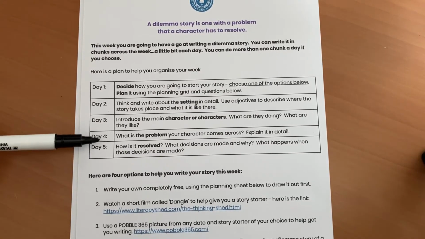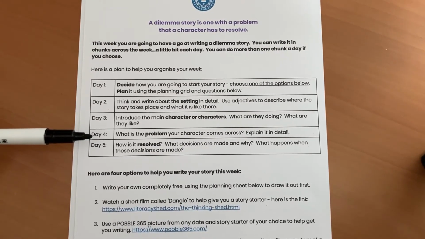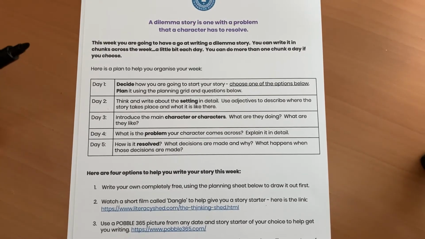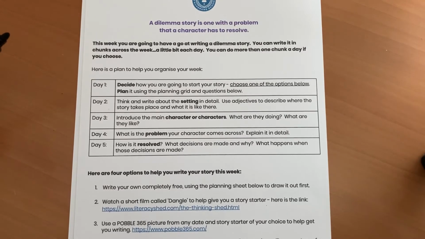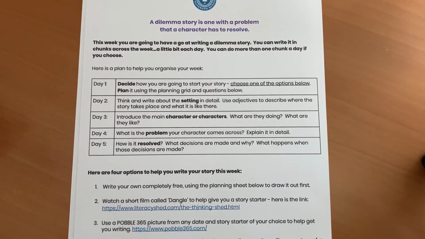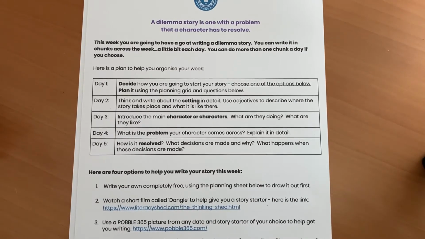On day 4, this is where the problem comes. Your character needs to come across some sort of a problem. It could be a natural problem, like an earthquake or a volcano or a tsunami, or it might be something completely different. It might be like a personal problem, like someone's told a secret and everyone's about to find out.